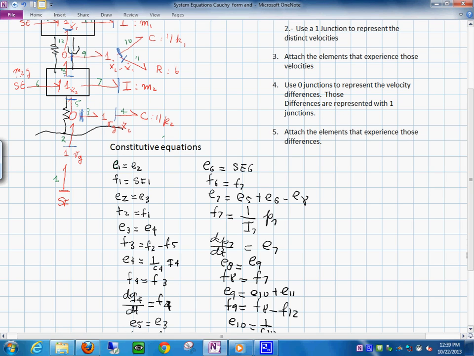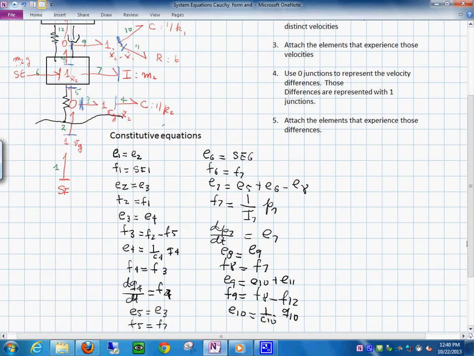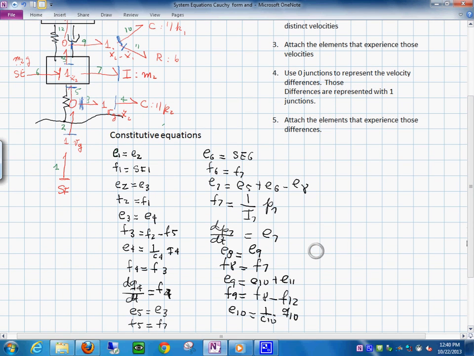And then what is F12? F12 is F14, is equal to E13. So we have, so F13 is equal to what?